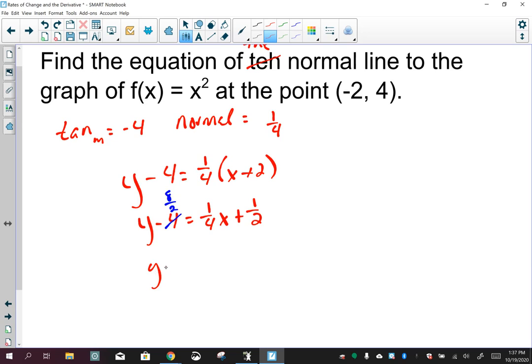So I get y is equal to 1/4 x plus 9/2. Hopefully it's pretty simple, just a lot of slope formulas. Just again, don't make the mistake that I did, and make sure you bring the right slope with you. So that is the normal line, tangent, and secant line.